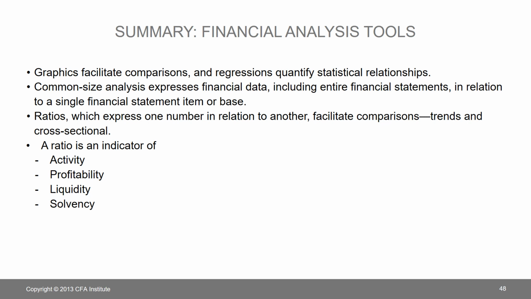And then we moved on to look at ratios, which express one number in relation to another. And this facilitates comparisons, trends, and cross sectional. And in that ratio category, we looked at 5 different categories of ratios, including the activity, liquidity, solvency, profitability, and then we ended with valuation ratios.